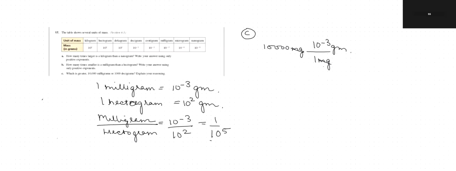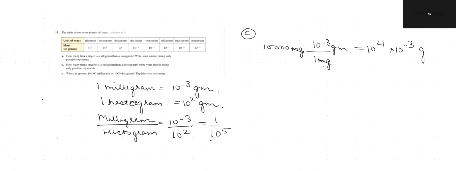So in 10,000 milligrams, how many grams will be there? Milligram cancels, so the answer would be in grams. This is 10 raised to power 4 times 10 raised to power minus 3 grams.